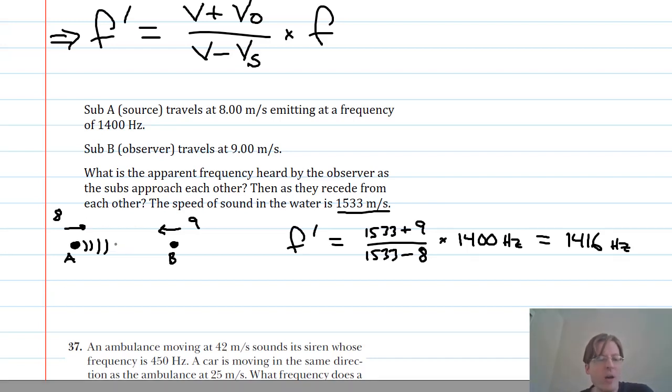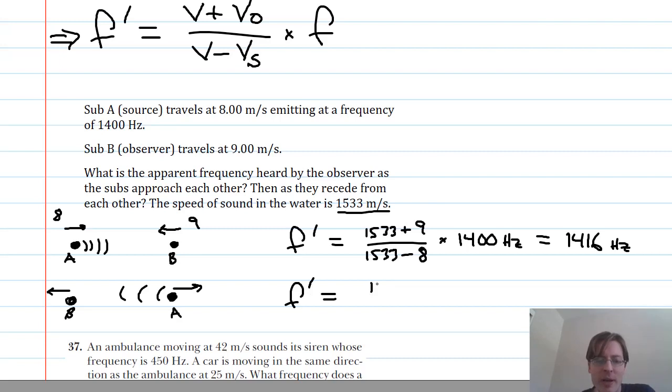In the next case, A and B have passed each other. So now B is headed off to the left. That's B, and A is continuing on to the right. Still emitting the sound. But now submarine B is behind A, and so it's picking up the longer waves that are on the backside of sub A. So now we got to be very careful about the signs. Submarine B is heading away from these waves. Therefore, the effective speed of sound is reduced.